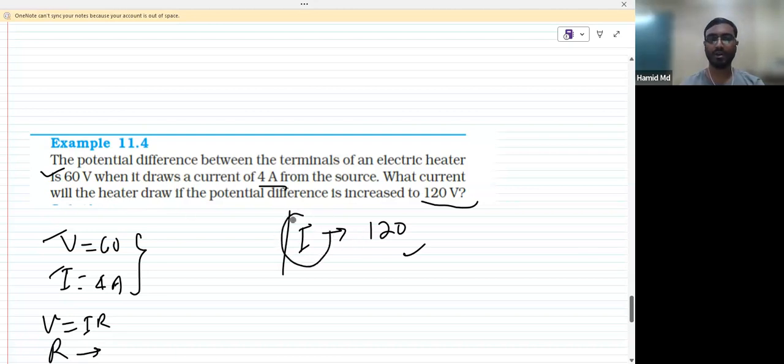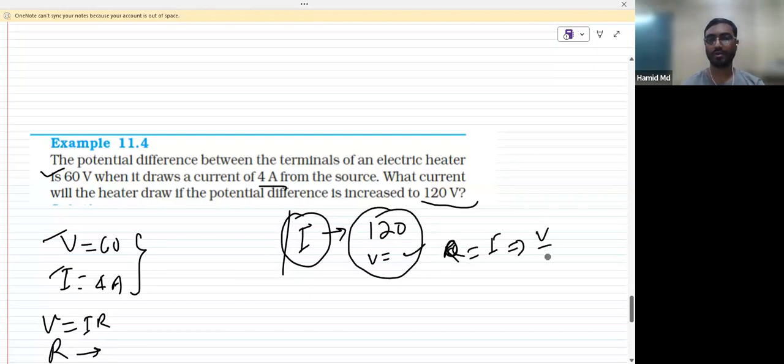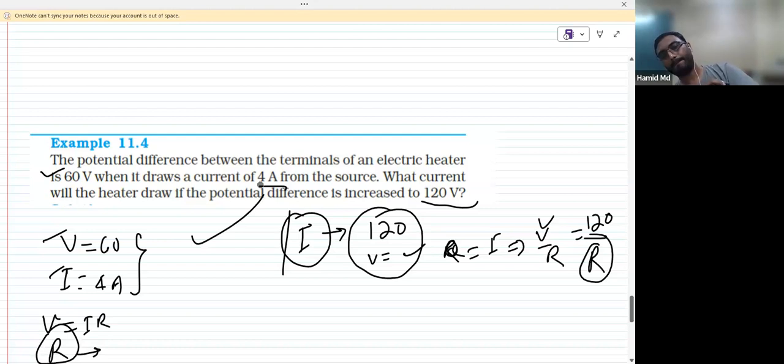We already know the resistance, so V is equal to IR, so I will be equal to V over R, right? We have 120, and we calculate R from the earlier relation. If we do it like that, we will get the solution of this question, right?